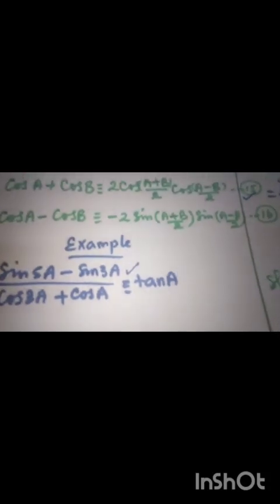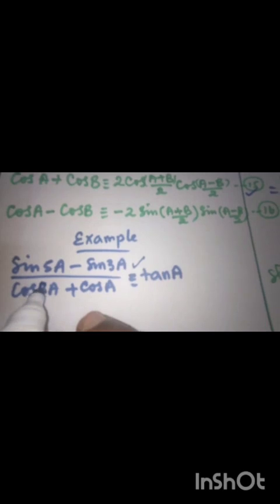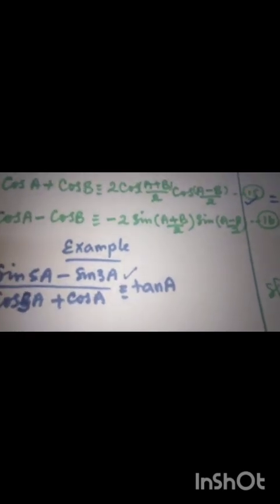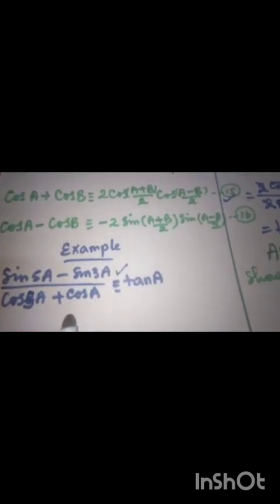Sorry, the example should read cos 5A plus cos 3A at the denominator.